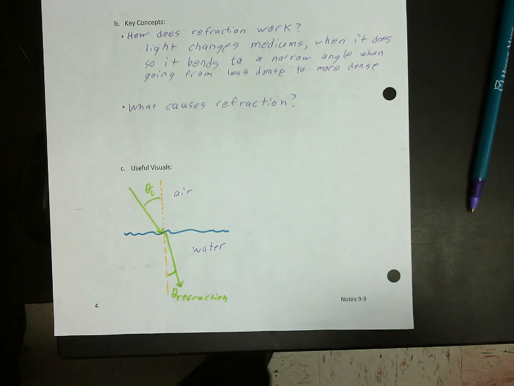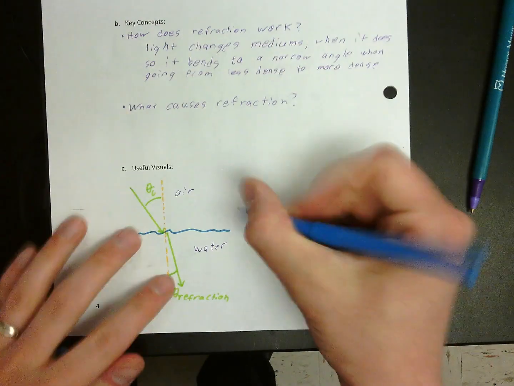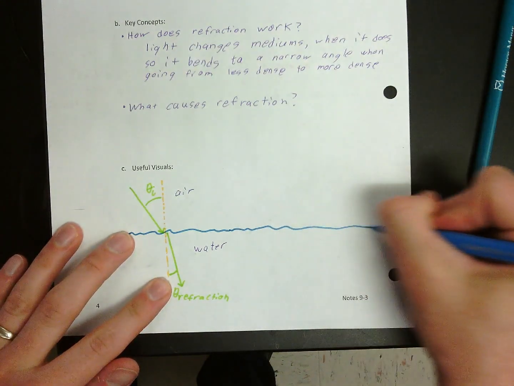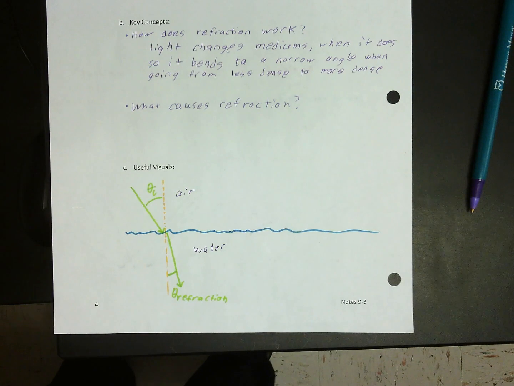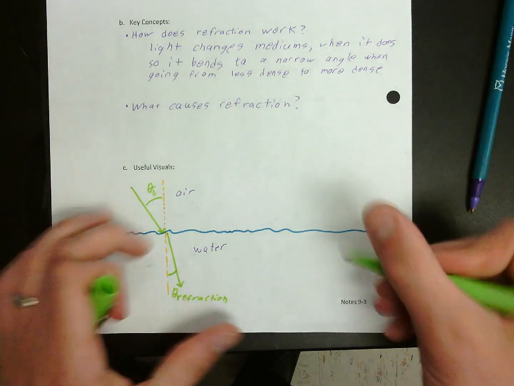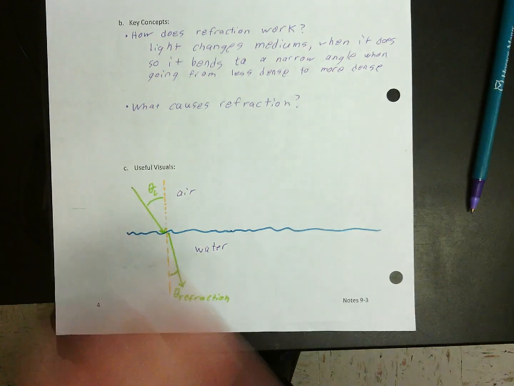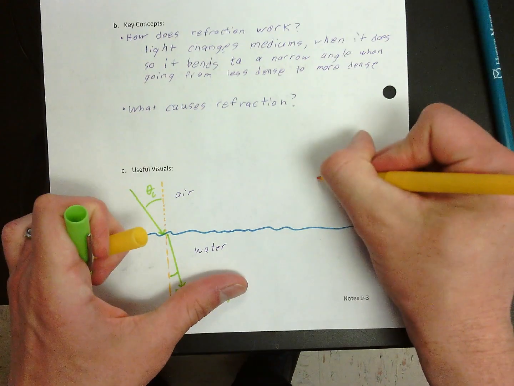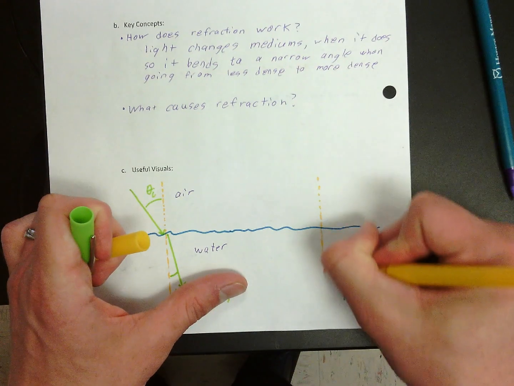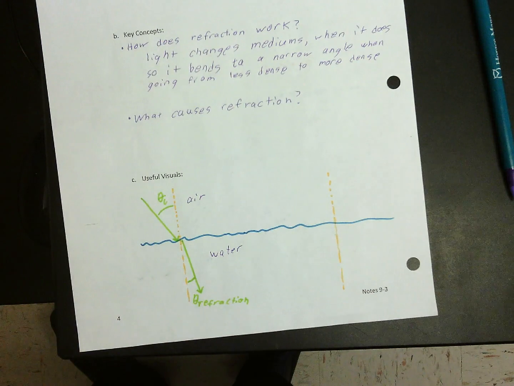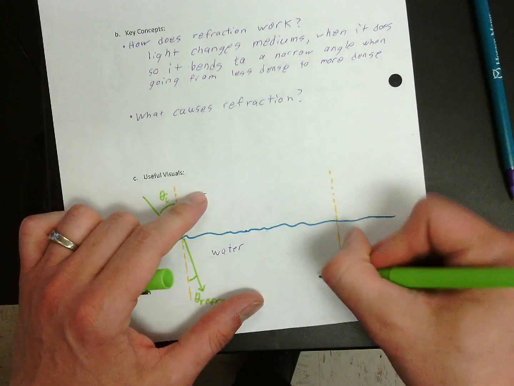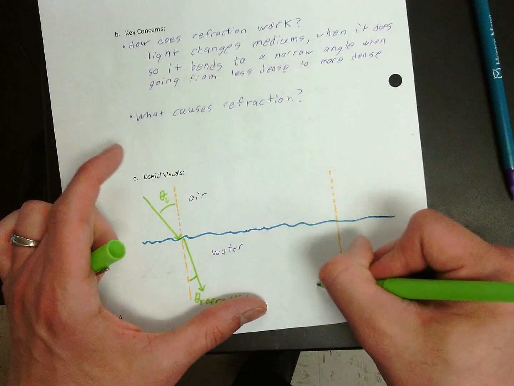But when it goes the other way around, it's going to do the opposite. So if it's coming out of the water, again, kind of at some sort of narrow angle, well, let's do the same kind of angle I had over here.